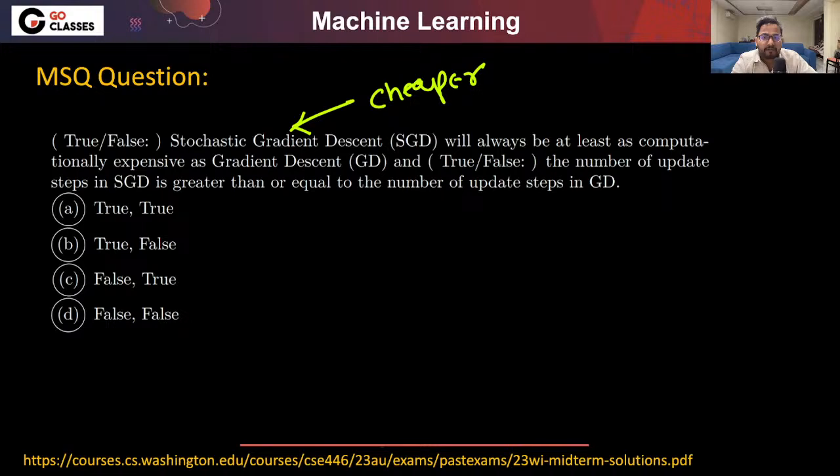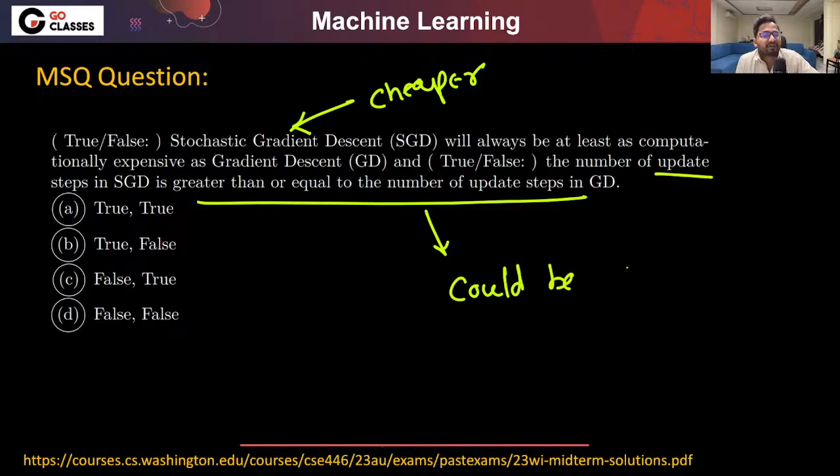Okay. Now what is the next question: the number of update steps in SGD is greater than or equal to the number of steps in GD. Actually, there is no hard and fast rule. Maybe SGD can converge faster, or maybe GD can converge faster. The number of steps may be greater, maybe lesser. It could be true or could be false. So the statement could be true or false.